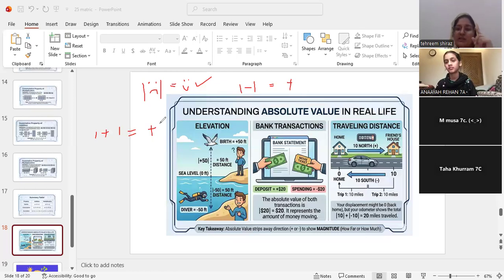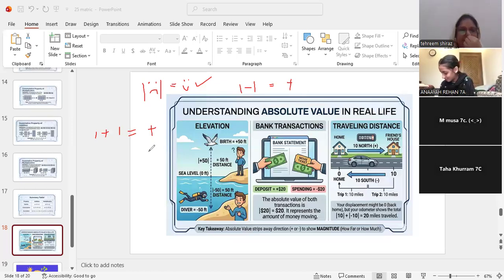This is the concept of absolute value in real life. That's why math is actually related to our personal lives as well, right?